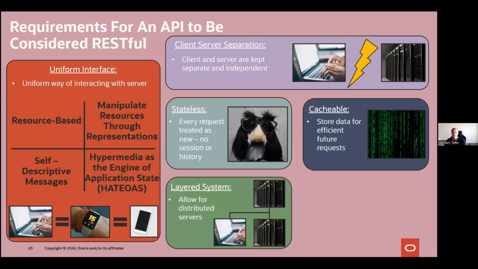Next is REST API should allow for distributed servers. Essentially, what this comes down to is when available, you should have the ability to have intermediate servers between your client and end server. A good way to think of this is for balancing loads. So you can have your requests that you're making and the operation that needs to be done by the server broken up across several different servers just for performance.